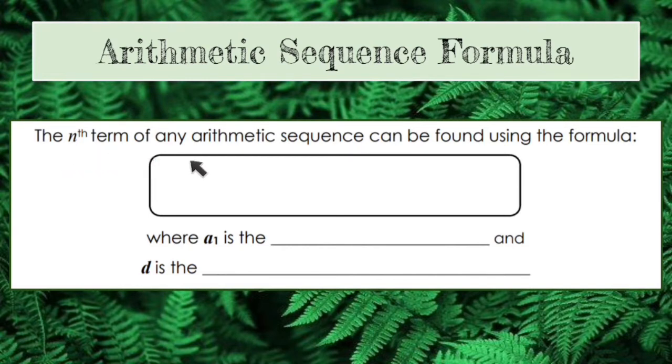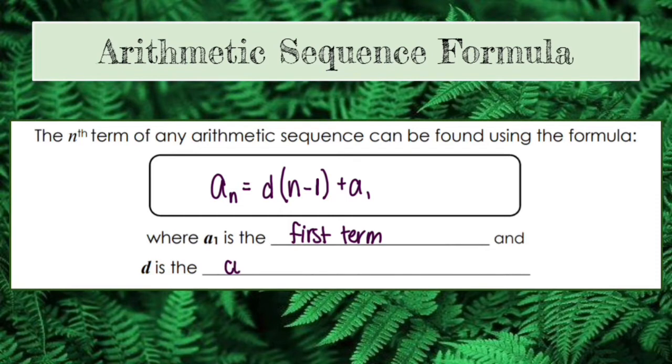The nth term of any arithmetic sequence can be found using this formula: a sub n, meaning the nth term, is equal to d, remember that's our common difference, times n minus 1, plus a sub 1, where a sub 1 is the first term and d is the common difference.